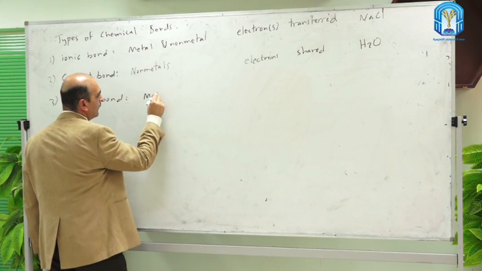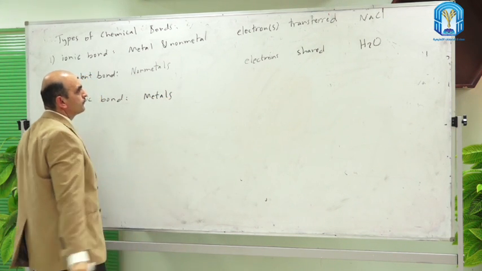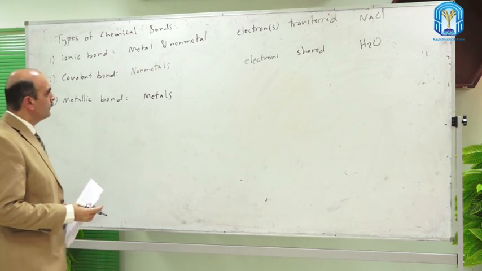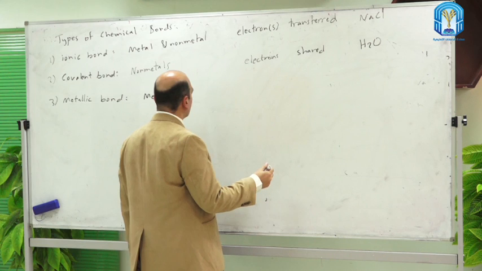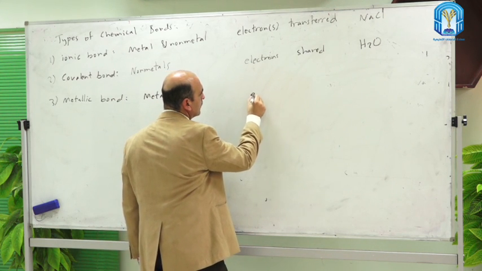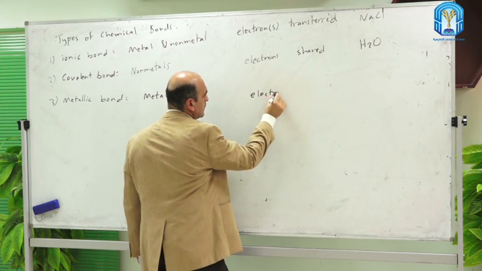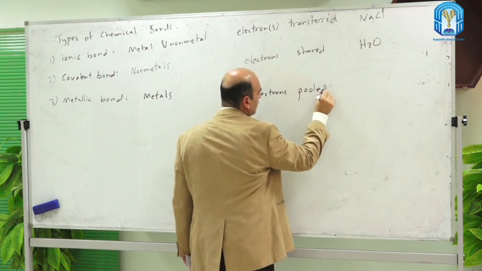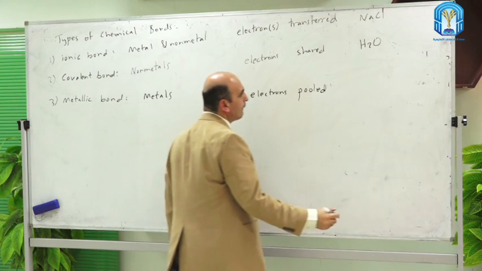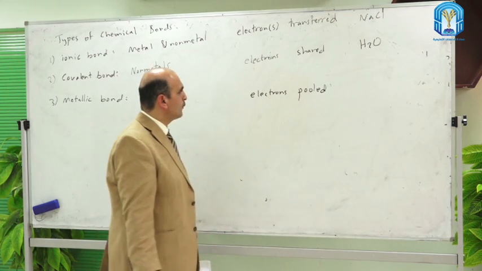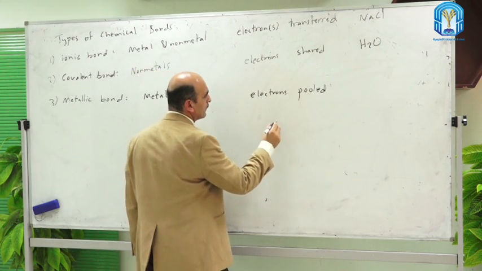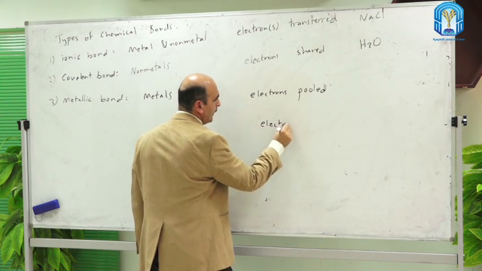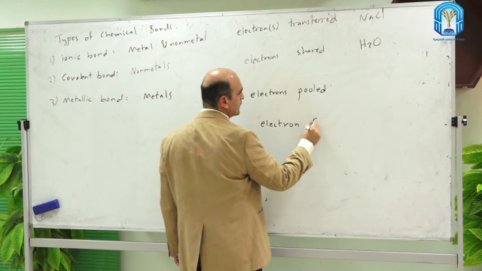So it is between or among metals. And in this type of bond, metallic bond, electrons are pooled. يعني الكترونات متجمعة. And it is pooled in electron sea, تتجمع في بحر الإلكترونات, electron sea.